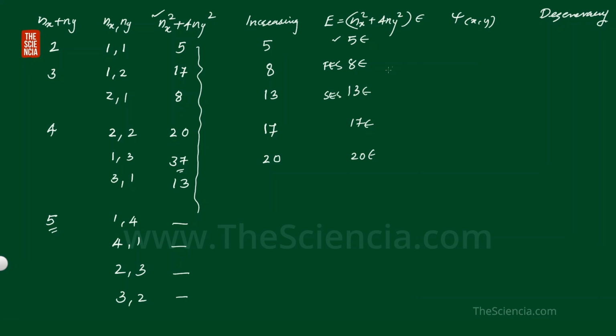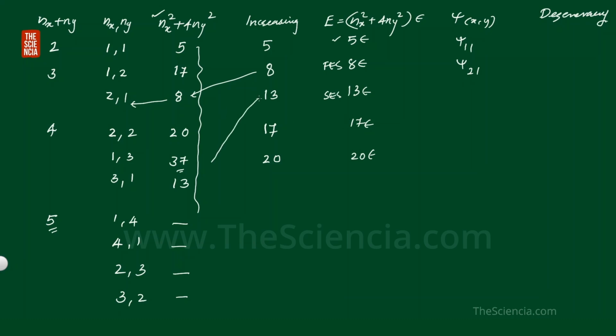Now we have to find the corresponding wave functions. 5 corresponds to 1 1, that is psi 1 1. Next is 8. 8 corresponds to this combination 2 1. The wave function corresponding to 8E will be psi 2 1. Next one, that is 13.